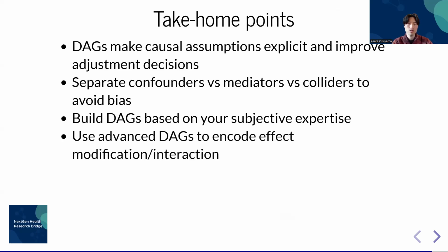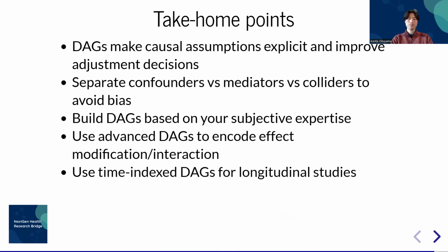We couldn't cover the DAGs that encode effect modification or interaction, but please refer to the cited article, or we can perhaps do a session about interaction and effect modification using DAGs in the future. And finally, for longitudinal studies, it's good to use time index DAGs.